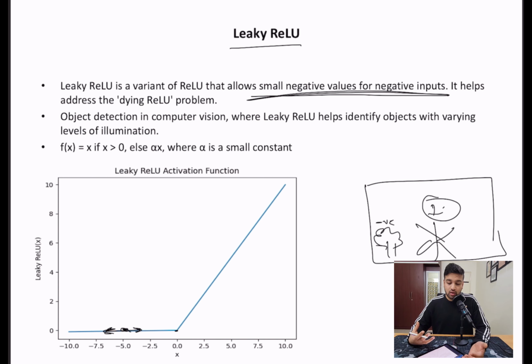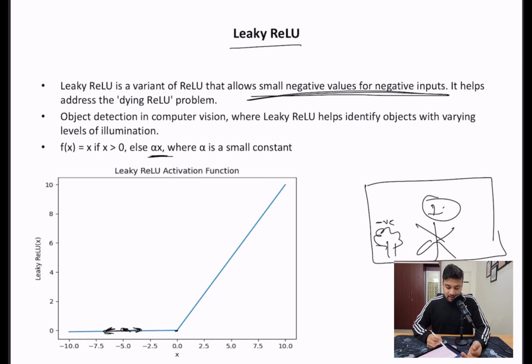We do not want to miss out on these objects, so we want to correct for this. That is the reason why leaky ReLU was introduced, where even for x less than 0, you have a certain small value which tells you that there is some object there and helps you identify that object, and you do not completely discard the presence of that object.